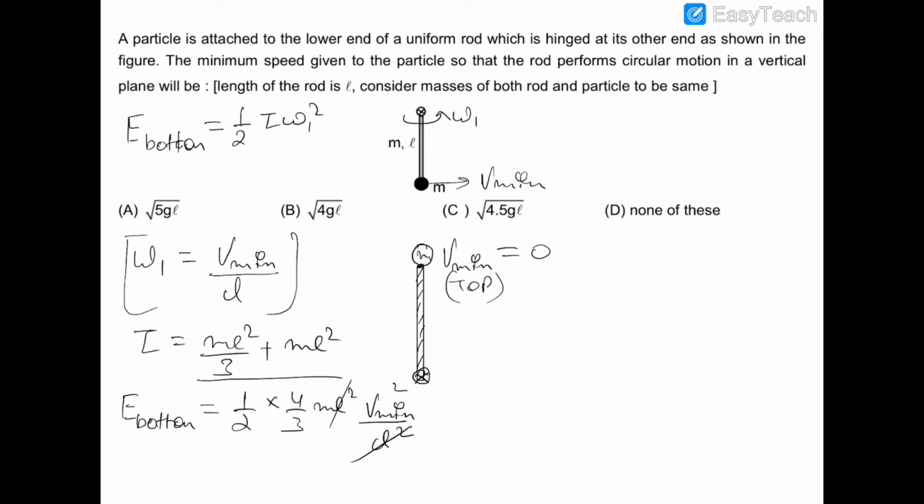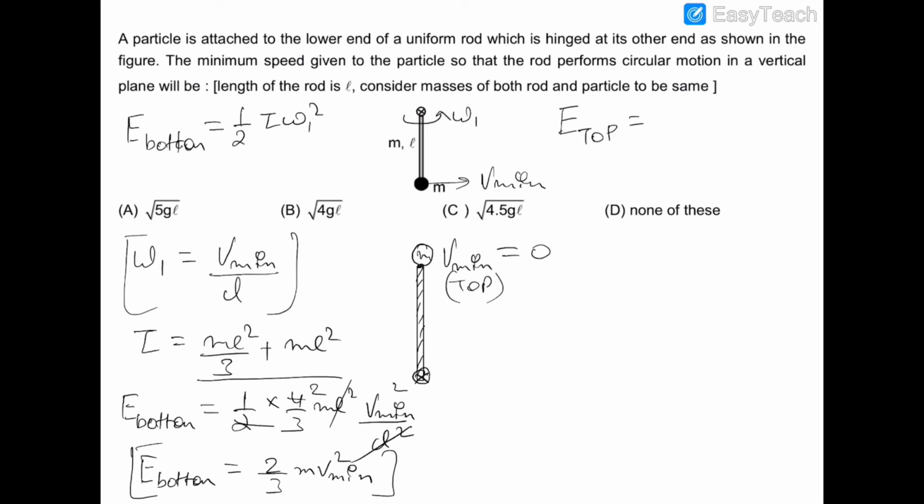So cancelling this L square, the energy at the bottom is equal to 2 by 3 m V minimum square. Now the energy at the top point is equal to only the potential energy, because at the top point the minimum velocity for completing the vertical circle is 0.